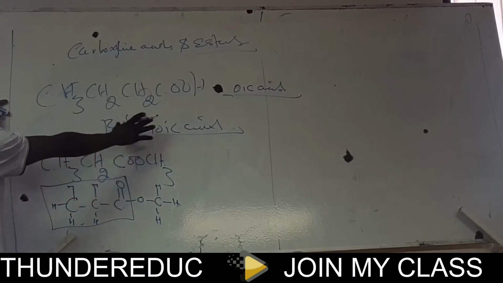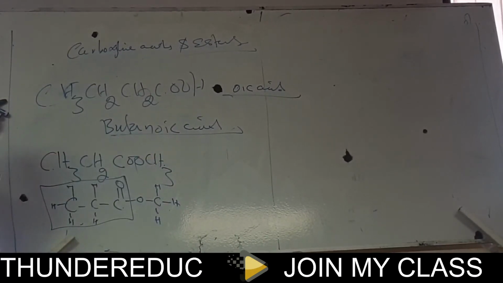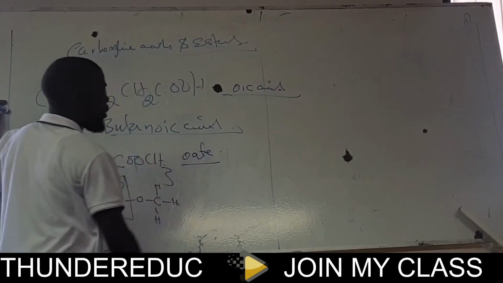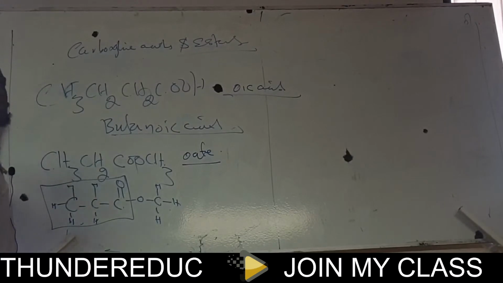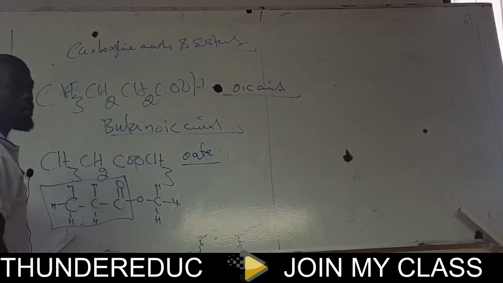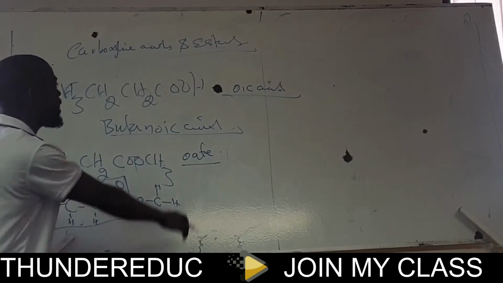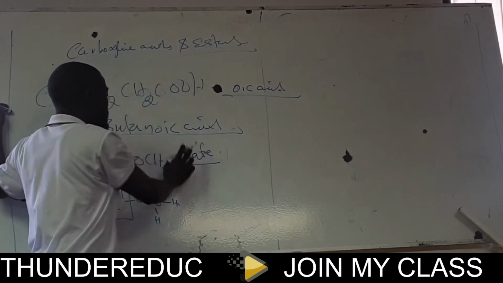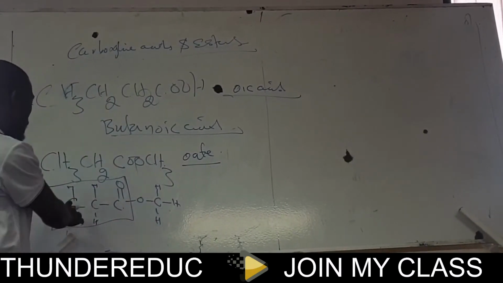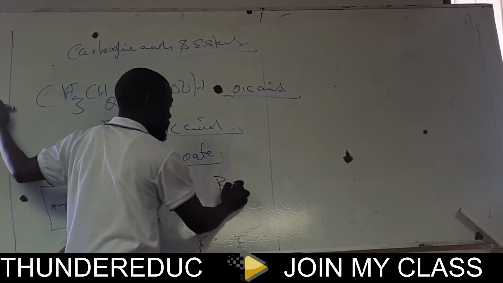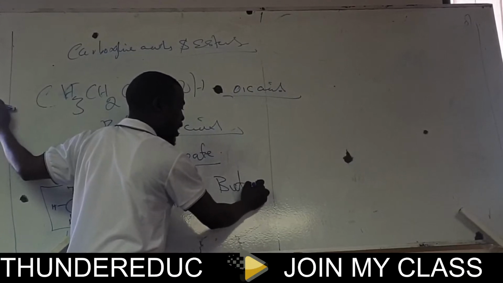How do esters end? They end with -oate. -oic is carboxylic acid. Esters is -oate. So now it's going to be 1, 2, 3, which is propan-.